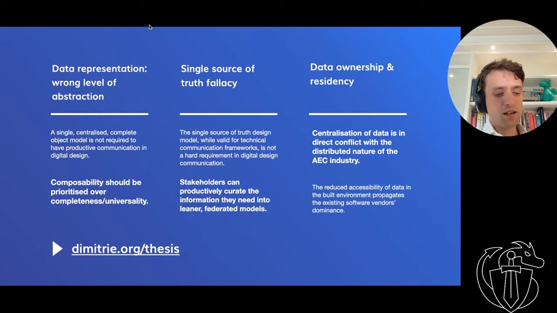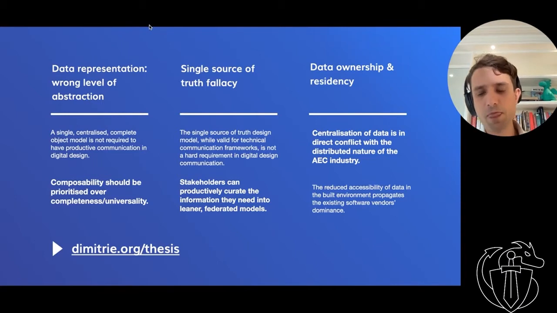This is something that people do naturally when it comes to communicative processes. They absorb the information that they need and they curate the data that they need to do their job. So if a structural engineer just needs a structural model, which just represents outlines of floors, slabs, beams, and so on, they will be able to curate that for themselves.